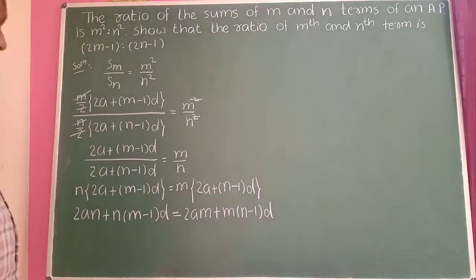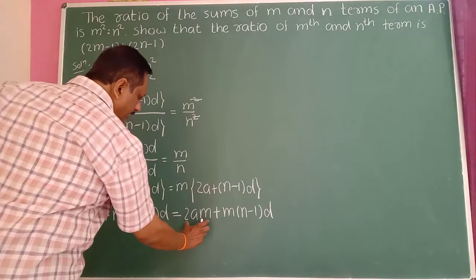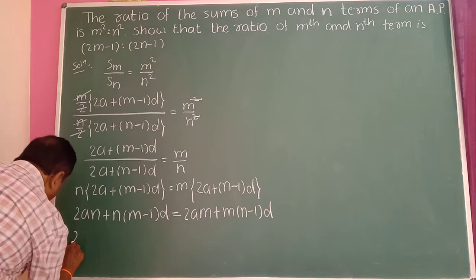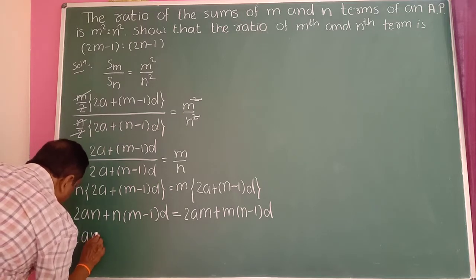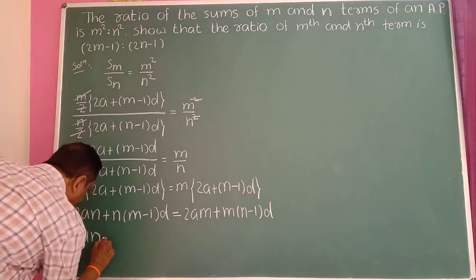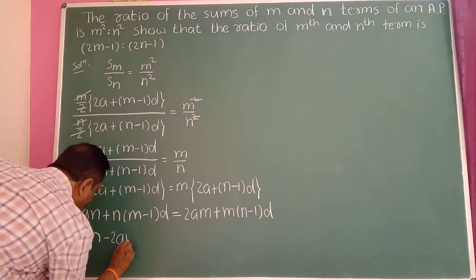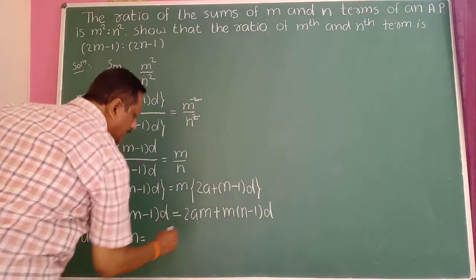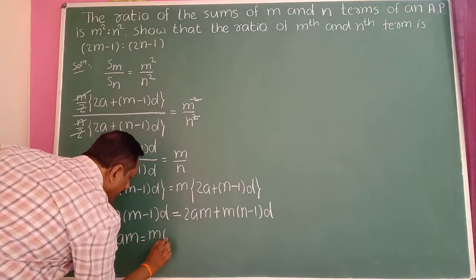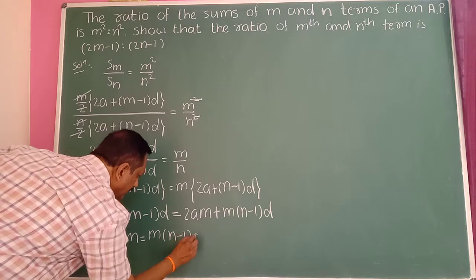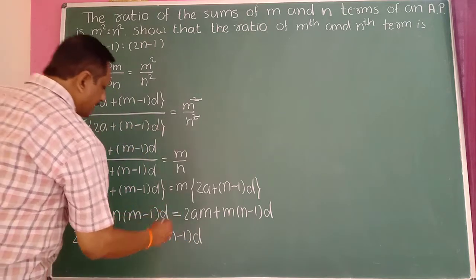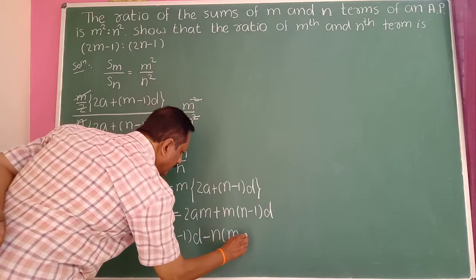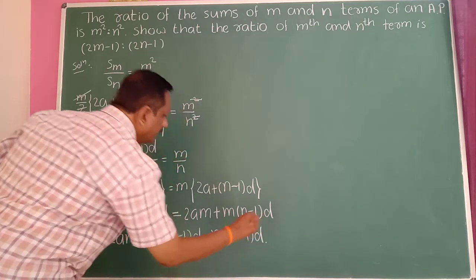Now take this 2am to the left side and this term to the right hand side. So 2an minus 2am is equal to m into n minus 1 into d, minus n into m minus 1 into d.